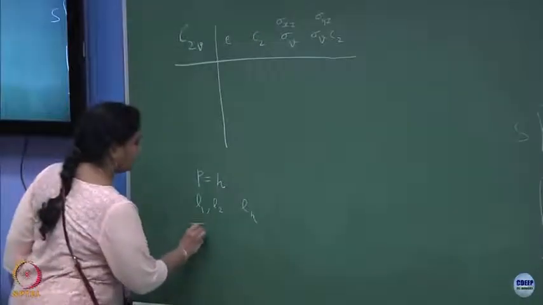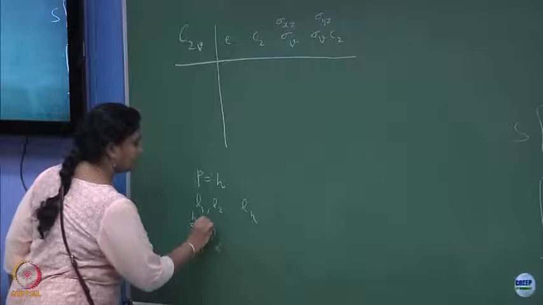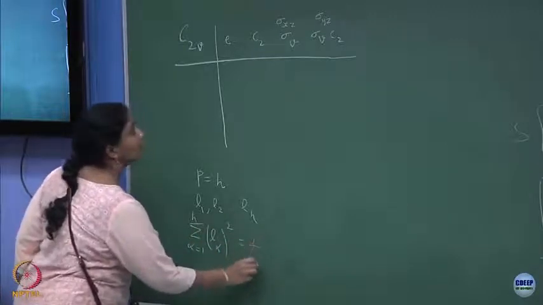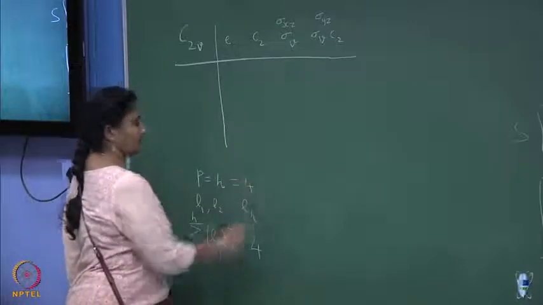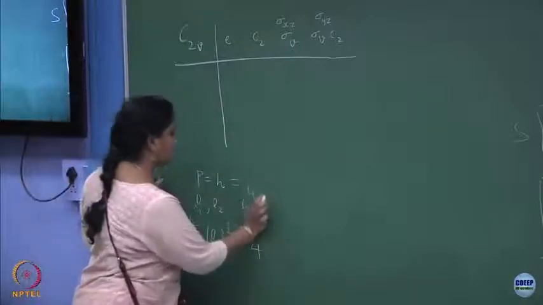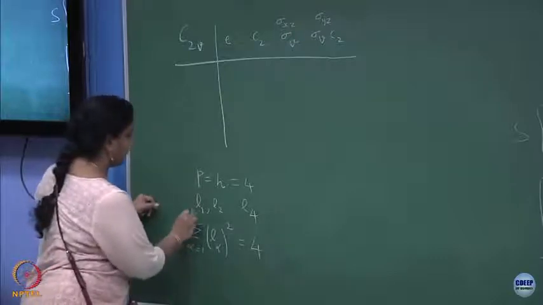The summation over alpha 1 to H of L alpha squared has to be equal to 4, right. In this case it is 4. This is an abelian group, I am doing it for this abelian.